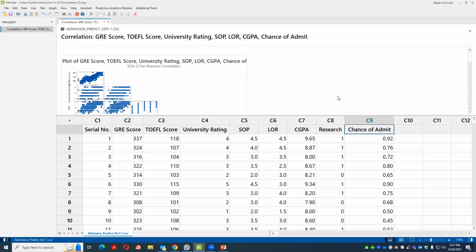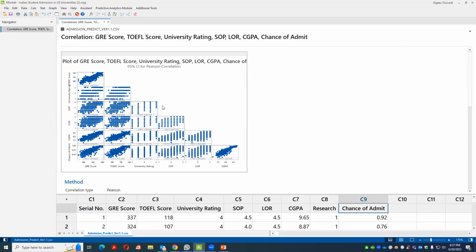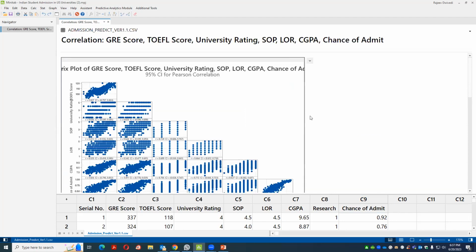Basically you can see the matrix. You can't understand much from these graphs, but if you look at the very first graph, you can see the pattern. It is close to positive, a high positive relationship between, I have to check what the two variables are.